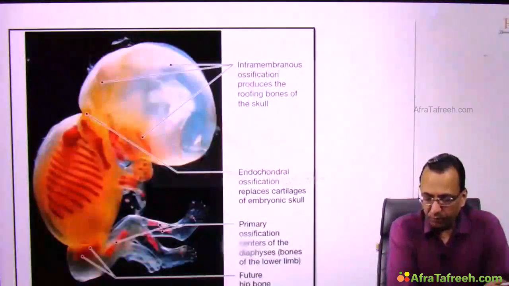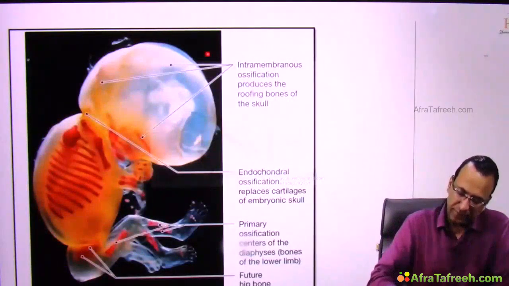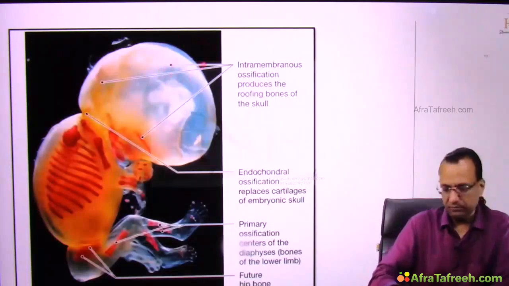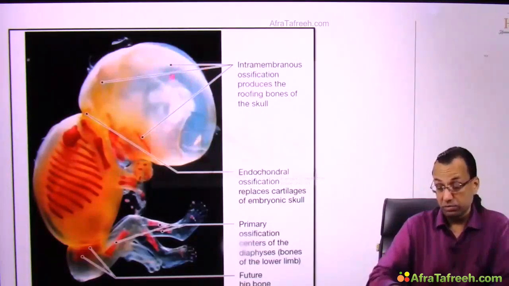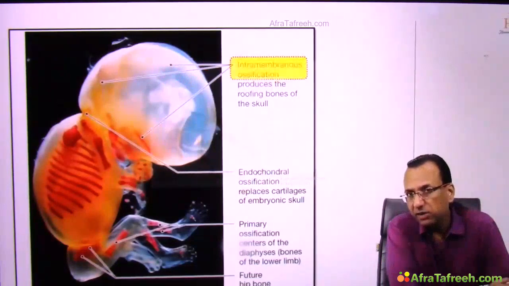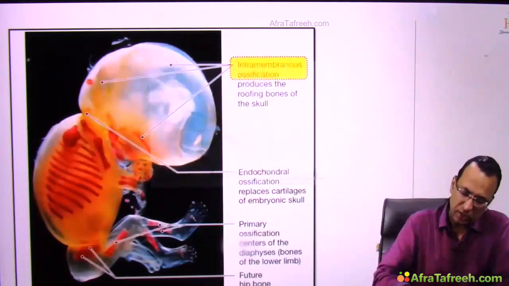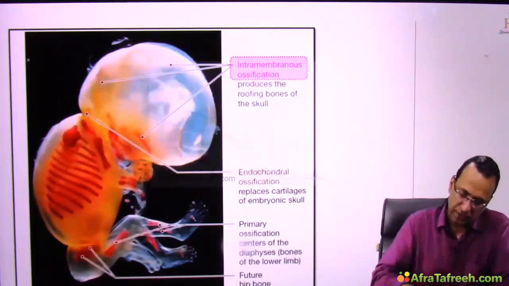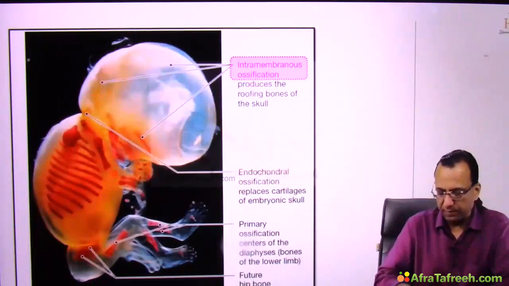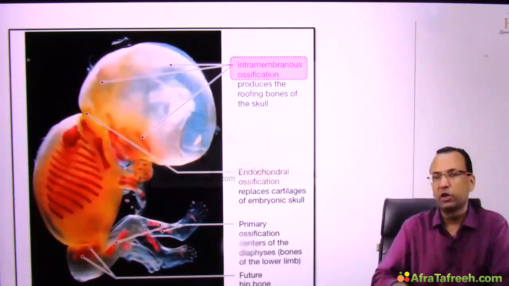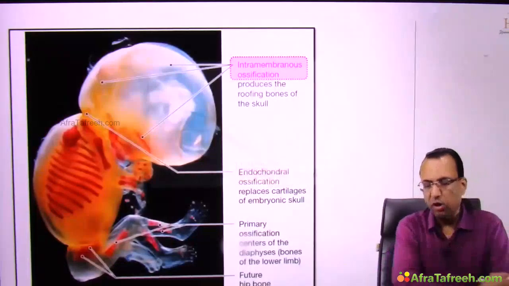So what is the further information? If it is the skull cap, which could be the parietal bone, it is intramembranous ossification. But if you are looking at the base of the skull or other bones, maybe vertebra or the ribs or the upper limb, lower limb bone, humerus or femur, they are all endochondral ossification.